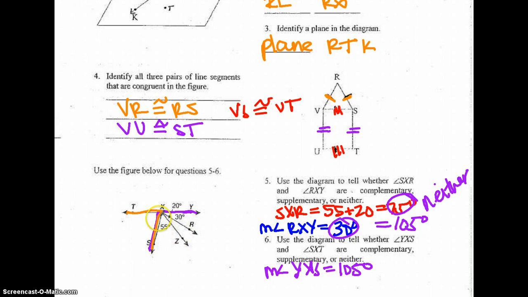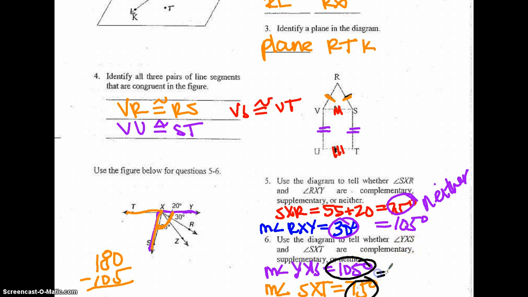TXY is a straight line, and this angle I know is already 105. So I take 180, subtract 105, and I get the measure of angle SXT is 75 degrees. So these 2 added together gives me 180 degrees, which is supplementary.